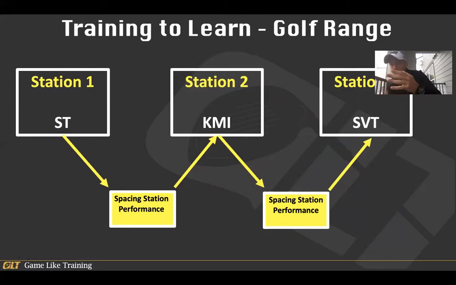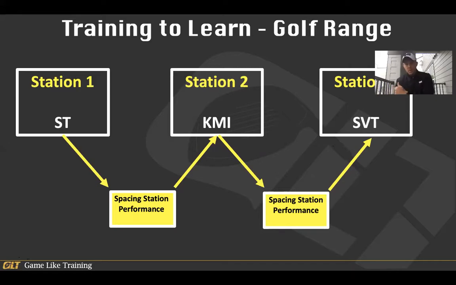And then you would come back and you'd do station 2, and that's a different drill. Might be 3 balls, might be 5 balls, might be 10 balls, depends on your ability level. And then you would go hole a putt. And then station 3, you would do another drill, and then potentially go hole a putt, and then you repeat. And that's going to be how you're going to change your golf swing.